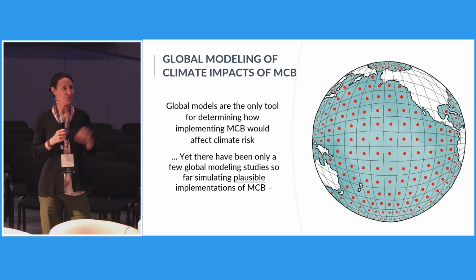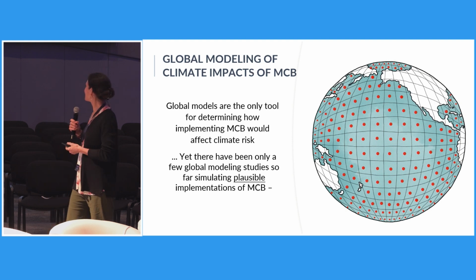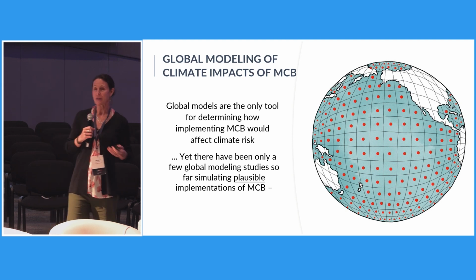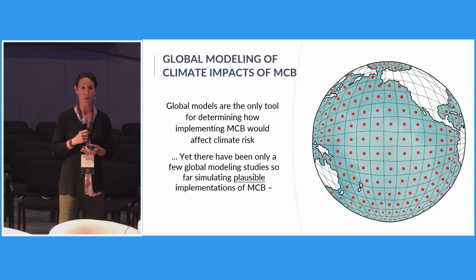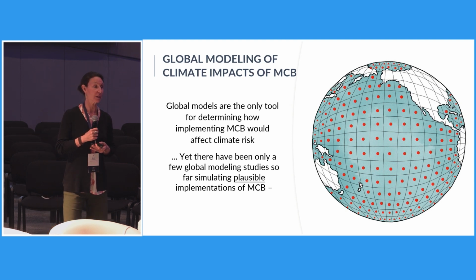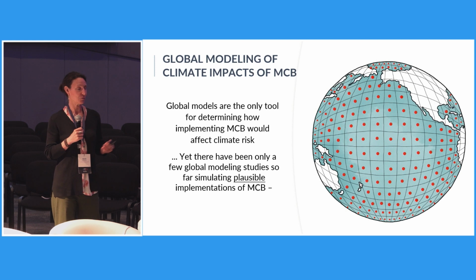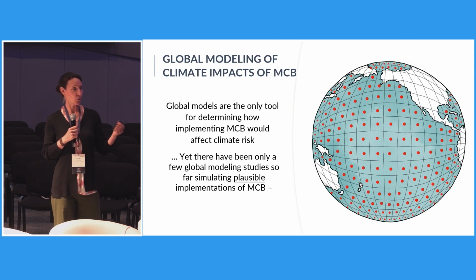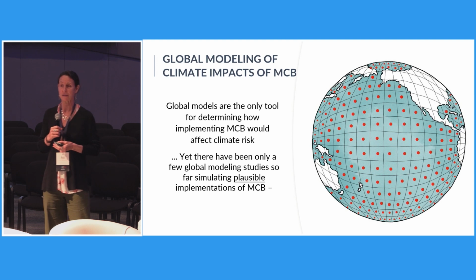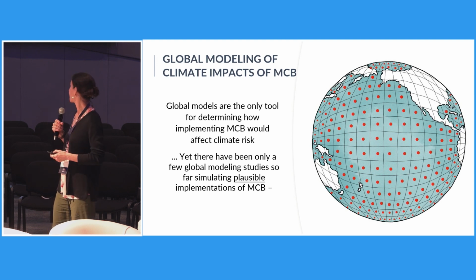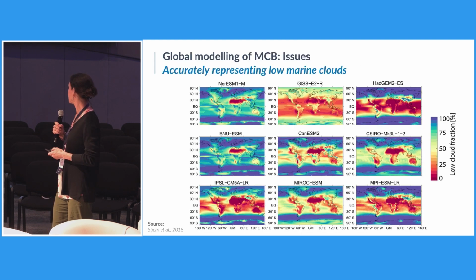Otherwise, we would just be out there implementing it and seeing what happens. Unlike SAI, there's been a pretty limited number of global modeling studies to date on marine cloud brightening, and most of them have been pretty unrealistic in a lot of different ways that I won't go into. But that's starting to change. You'll see presentations about some new model runs, and we're hoping to do an increasingly expansive number of runs, as have been done with SAI.